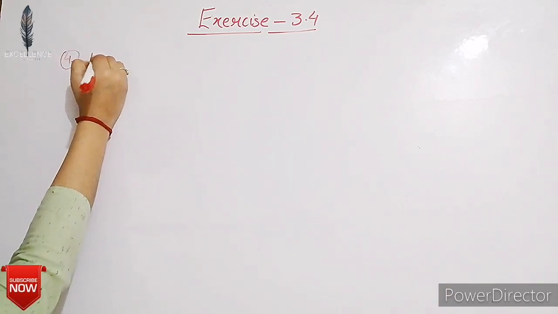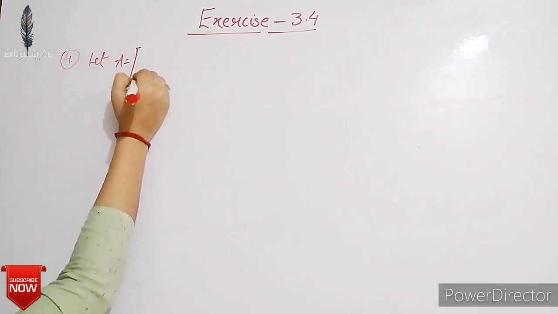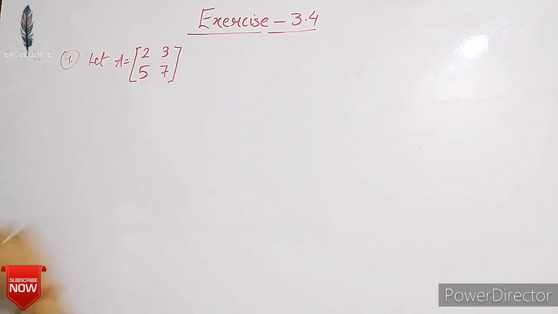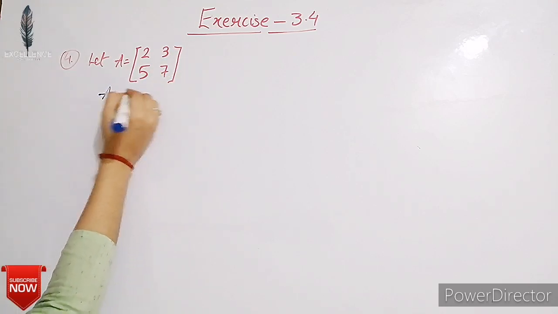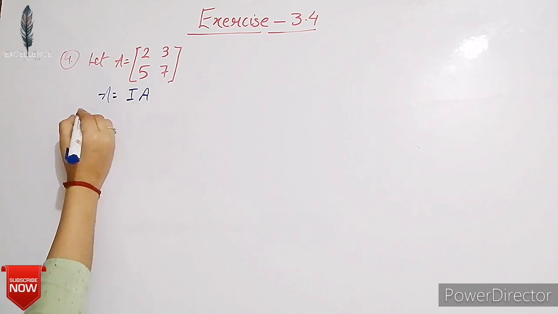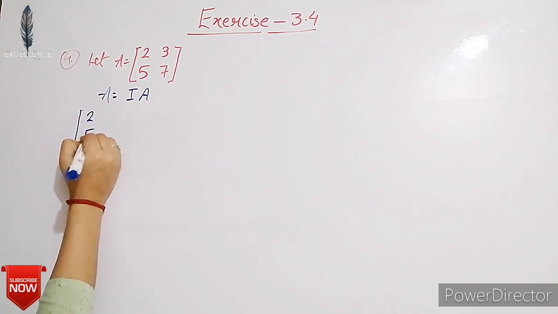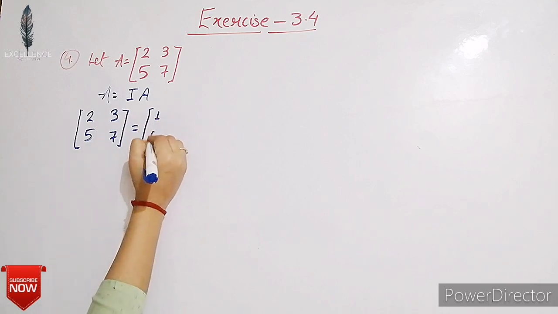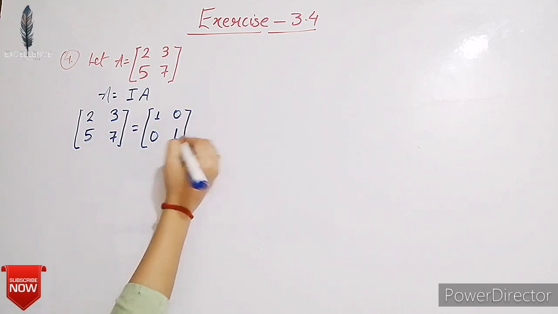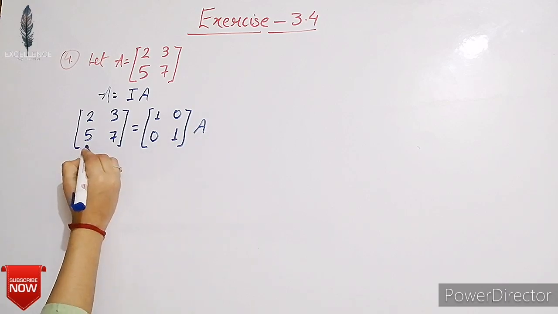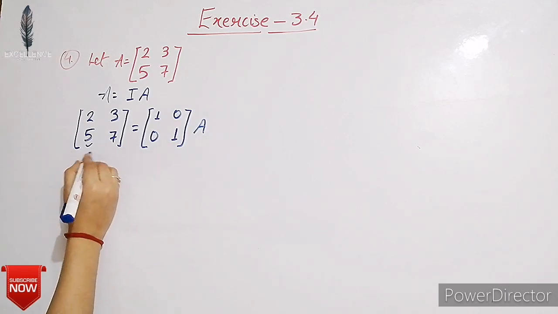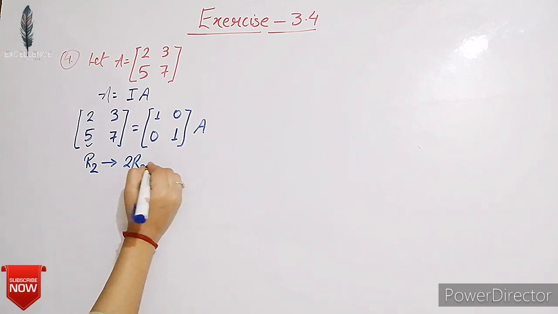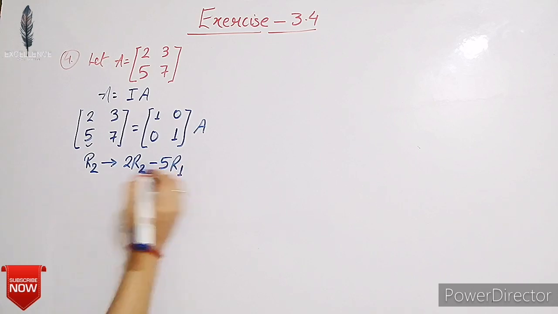Next, question number 4: A equals 2 3 5 7. For elementary row operation, put A equals IA, where A is equal to 2 5 3 7 equals 1 0 0 1 A. Now we have to change 5 into 0, that is R2 is such that 2R2 minus 5R1.